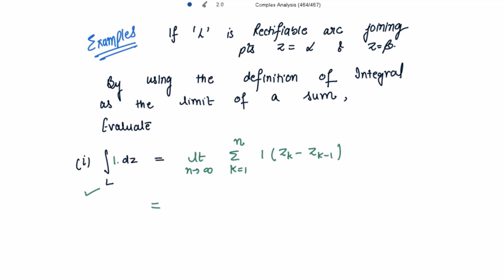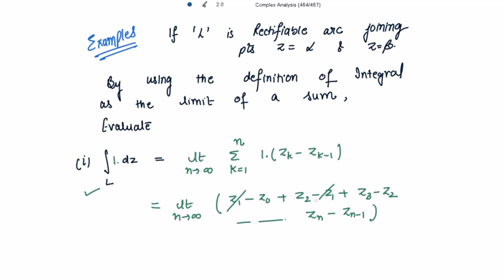When opening the sum, we get 1 multiplied with this bracket: the limit n tends to infinity of z1 minus z0 plus, for k equal to 2, z2 minus z1, for k equal to 3, z3 minus z2, and so on, up to k equal to n, zn minus zn minus 1.